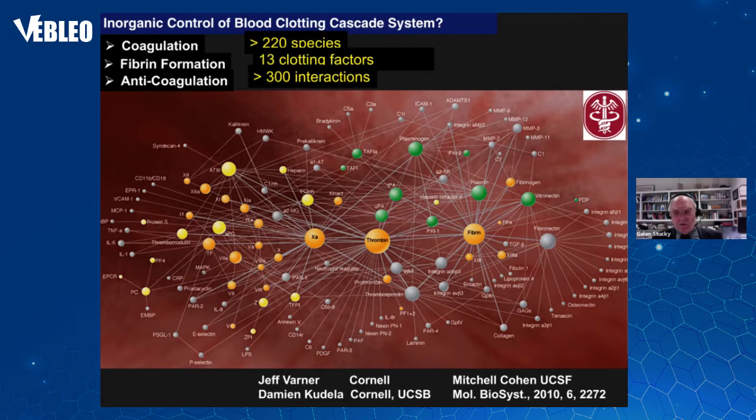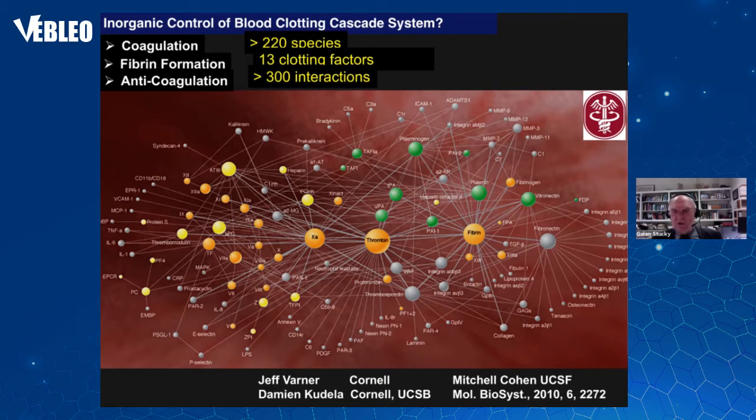At the same time, you've got to keep the coagulation local. So there are anticoagulation factors involved in this, and that's important. That regulates the whole process. There are about 220 species, 13 clotting factors that have been identified, and this has been extensively studied by many blood biologists and medical scientists.